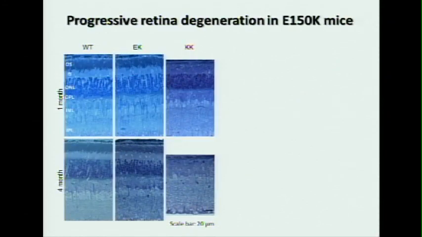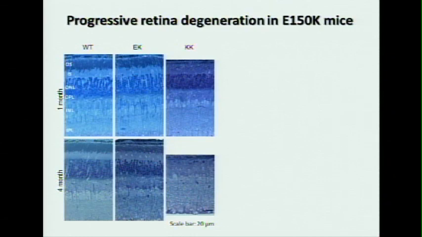We did a morphological study of the E150K eyes. At 1 month of age, we can see a shortened outer segment and outer nuclear layer in the homozygous mouse. By the age of 4 months, almost all the photoreceptors have degenerated in the homozygous mouse.